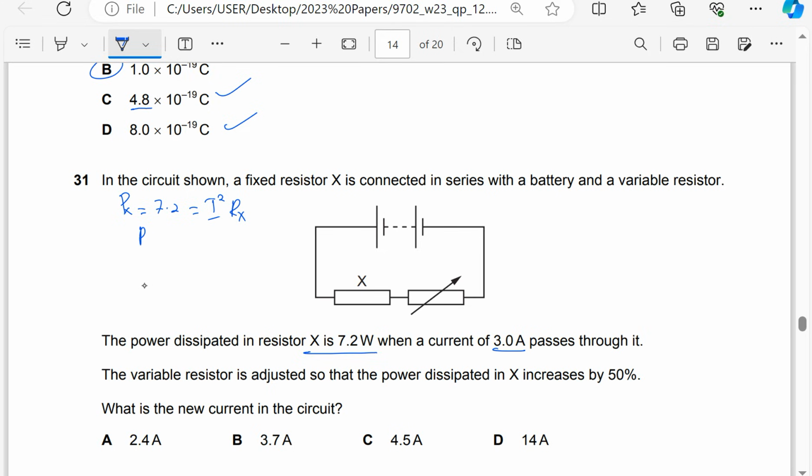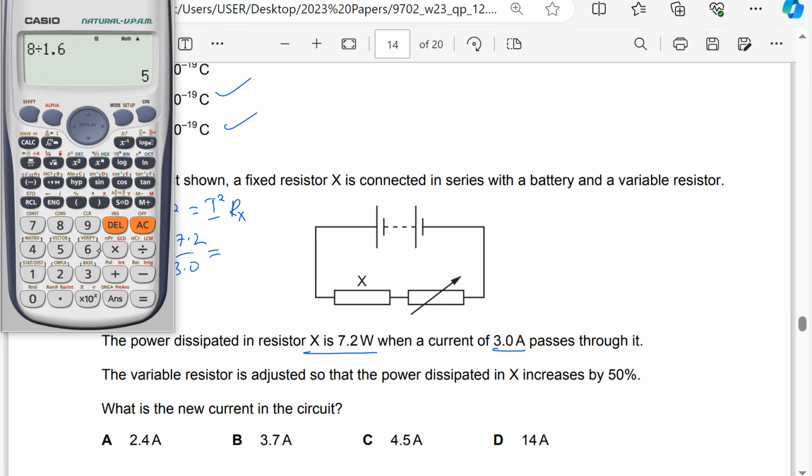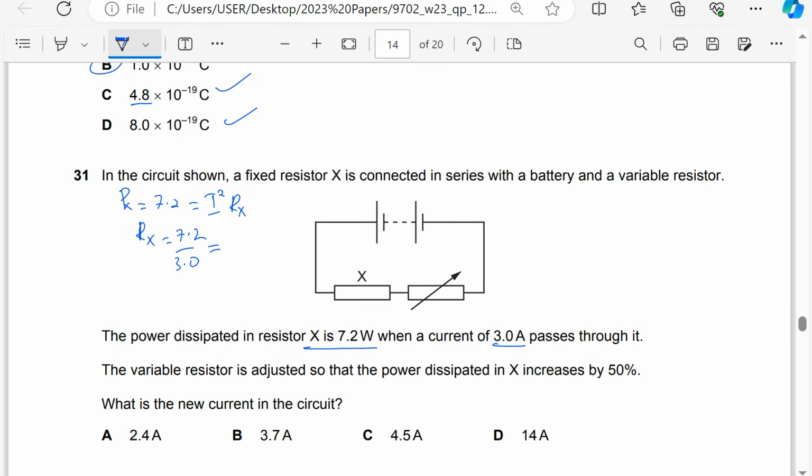So the resistance of X is going to be 7.2 divided by 3.0. Oh sorry, this is 3 squared, not 3.0.